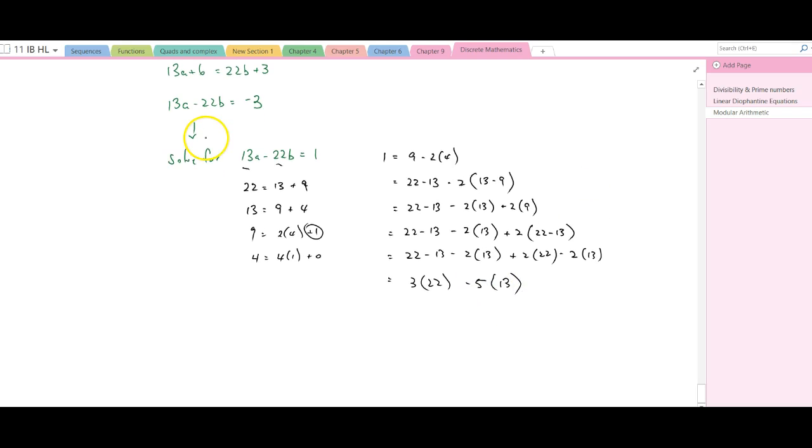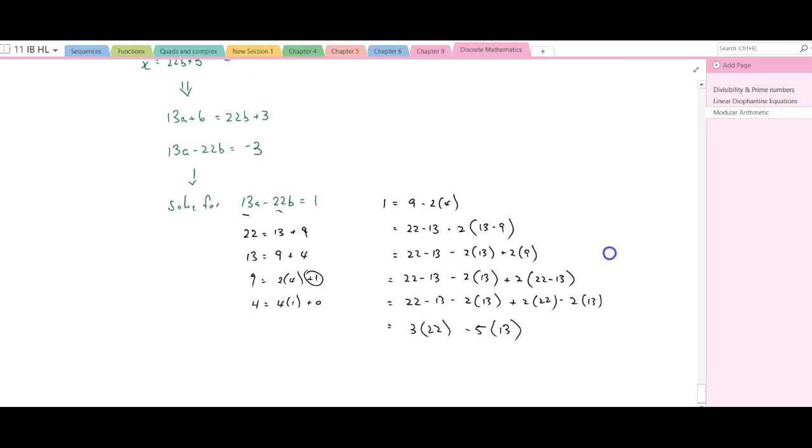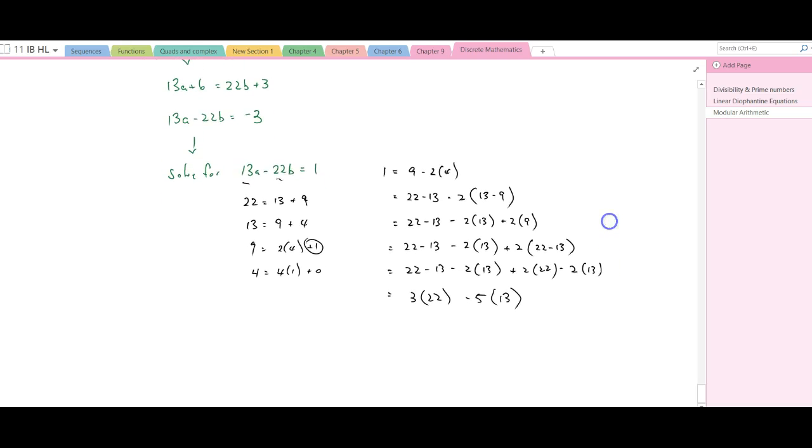So from that, to get 1, my solution to this equation here is 13 lots of minus 5, so therefore A is equal to minus 5, 13 lots of minus 5, minus 22 lots of B, so that's 3, so B is equal to minus 3.